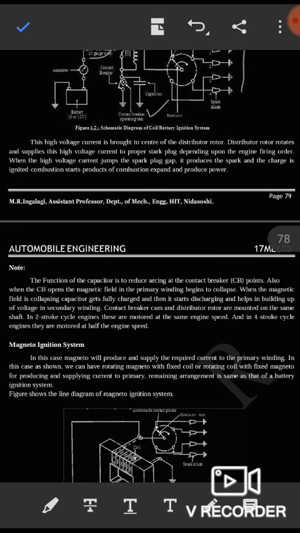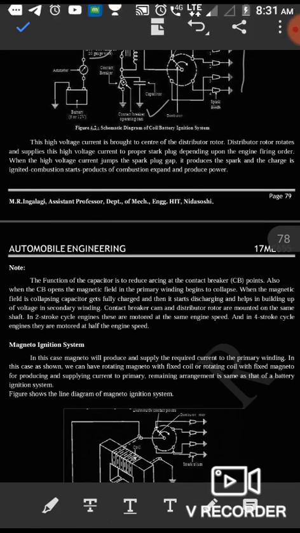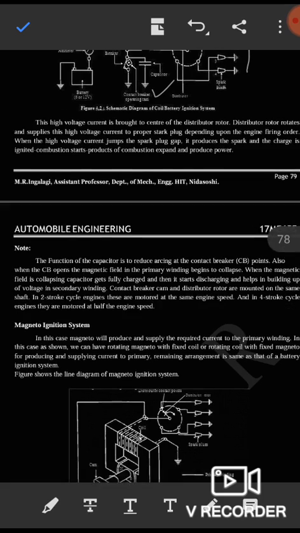The high voltage current is brought to the center of the distributor rotor, which supplies it to the proper spark plug depending upon the engine firing order. When the high voltage current jumps the spark plug gap, it produces the spark and the charge is ignited. Combustion starts. Products of combustion expand and produce power.